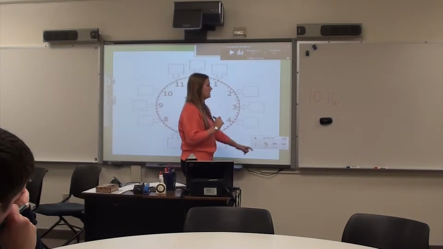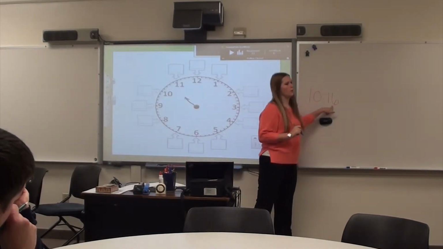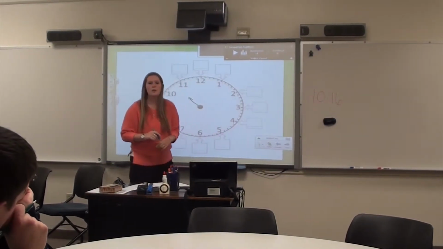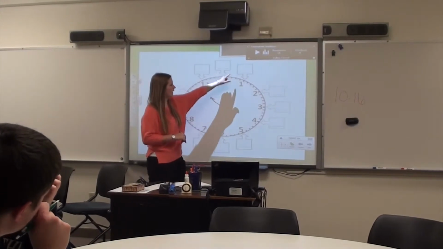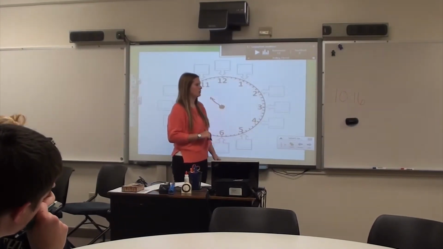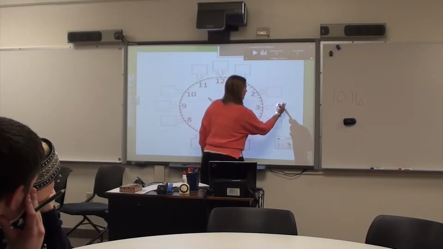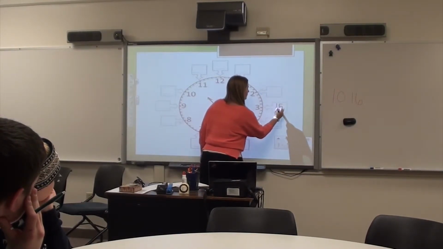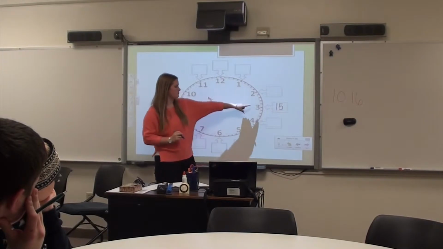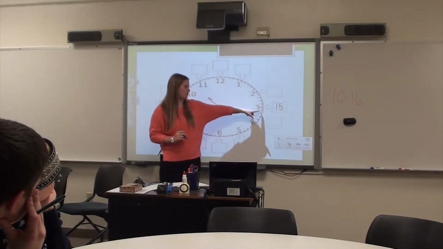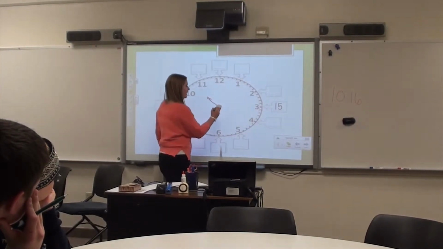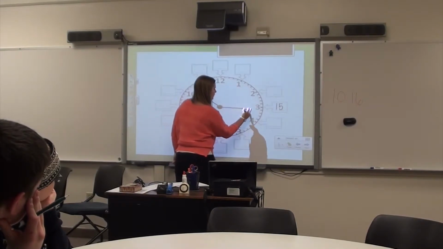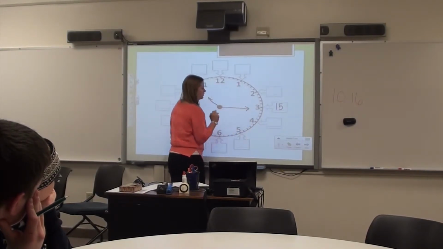Okay, and then 16. So, what we want to do when we have our minute here, we want to go and count up to the 5. So, we know that on our handout, this says 15. And then we have our notches. The next one would be 16. Okay, so our minute hand would go over to 16.